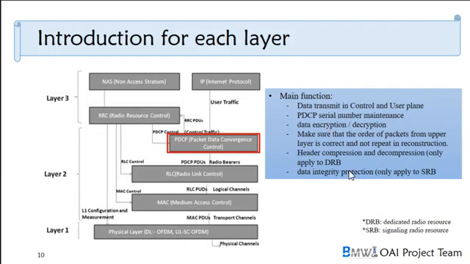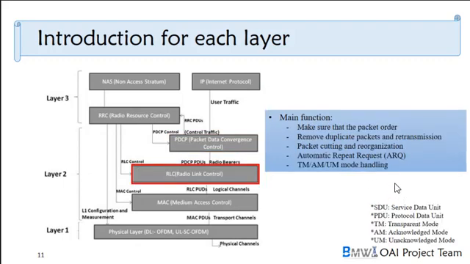It also makes sure that the order of packets from the upper layer is correct and not repeated in the reconstruction. In RLC, the main function is to make sure of the packet order, remove duplicate packets, and retransmit. Here we have TM, AM, and UM mode handling.